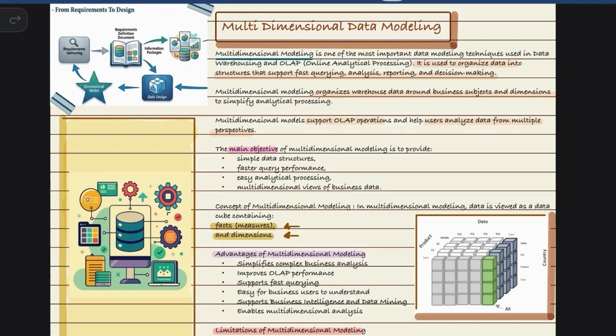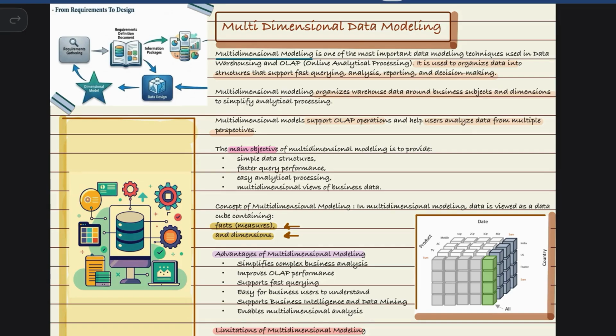I hope you are able to understand that this is a data cube which is created using multidimensional modeling, right? So I told you the concept of facts and measures. So fact or measure is the same thing. It is the calculated field, and dimensions are the columns basically which we use to analyze those numbers.